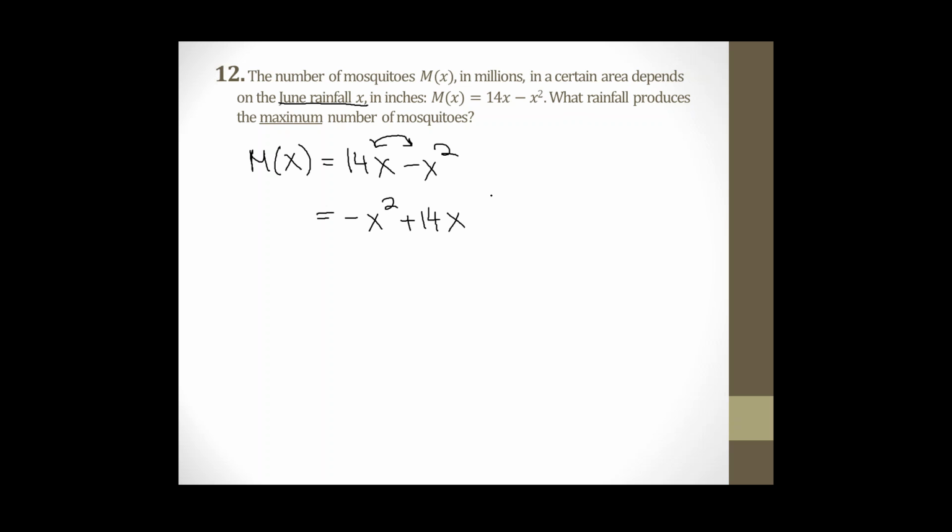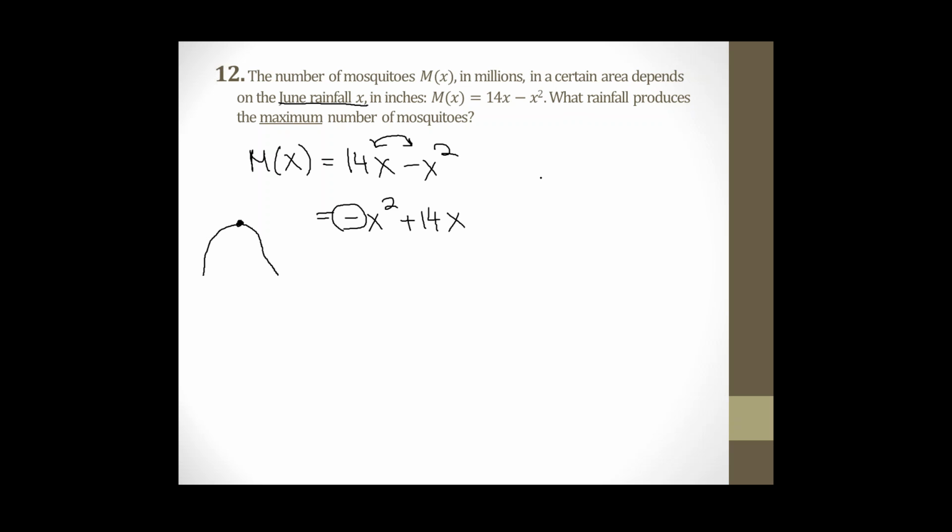And then I can apply my vertex formula. We're basically looking for the point that's either the highest or the lowest. In this case, as you can see, there's a negative in front. That should tell me that I'm going to have a maximum. The parabola is going to look like this. So we can use the vertex formula to find that highest point mathematically.